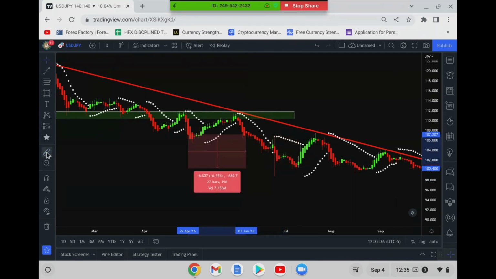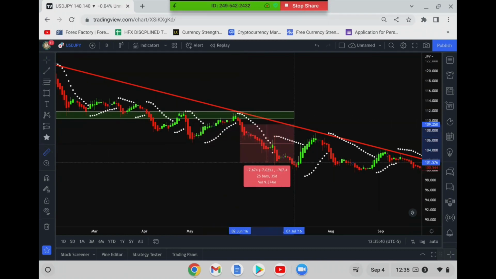And then on this final move, we got in here and took it down here. That was another 860 pips. You guys, all together, that would have totaled around 2,444 pips that you could have made literally just on this one move in the market.